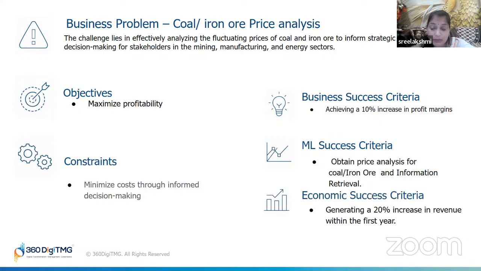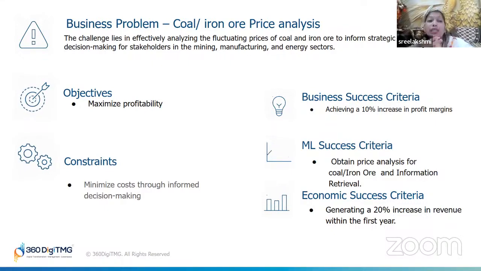So we have to design our model in that way. And the economic success criteria is generating a 20% increase in the revenue within the first year. So we have to plan in such a way that whenever you are buying coal or iron ore, it should give a 20% increase in the revenue. So we have to plan accordingly.